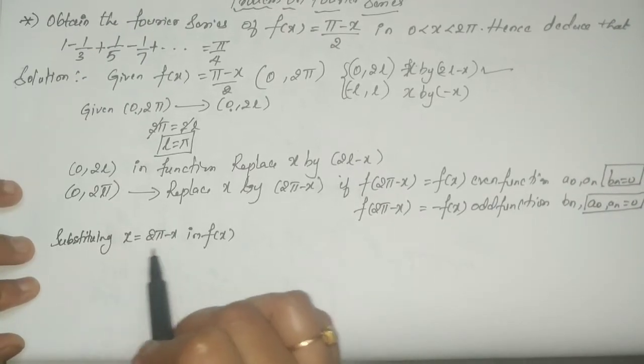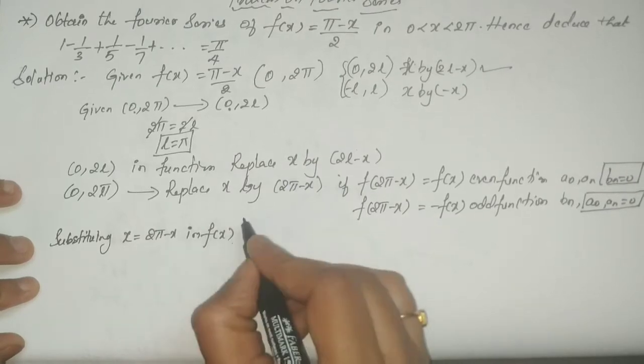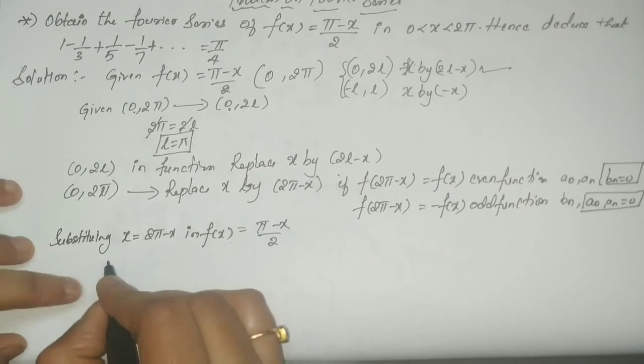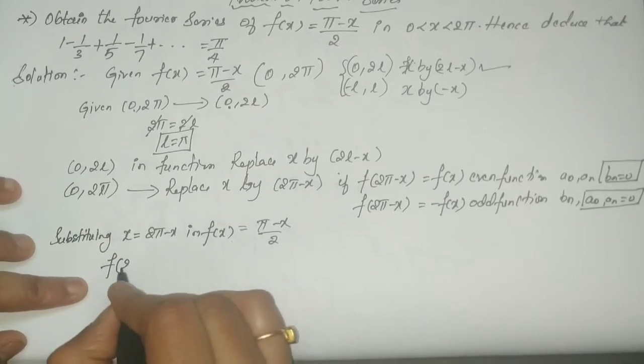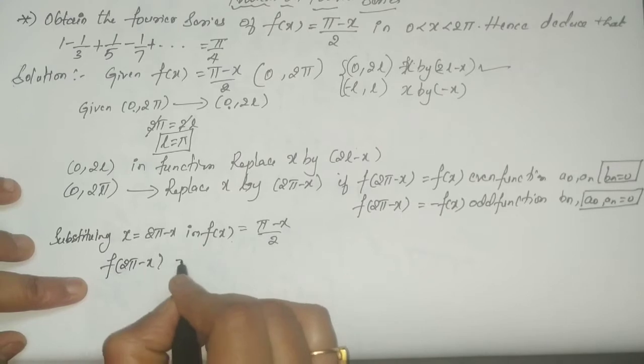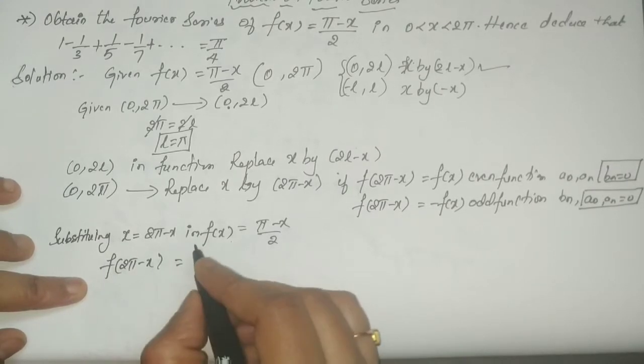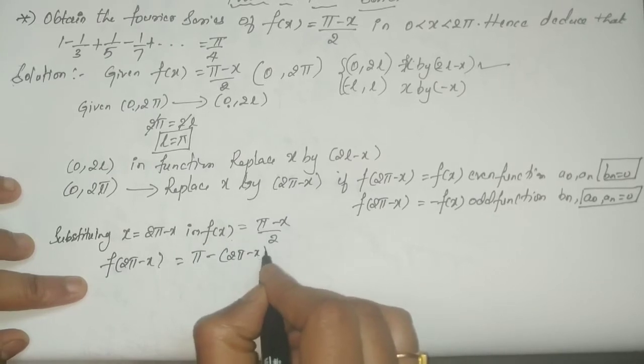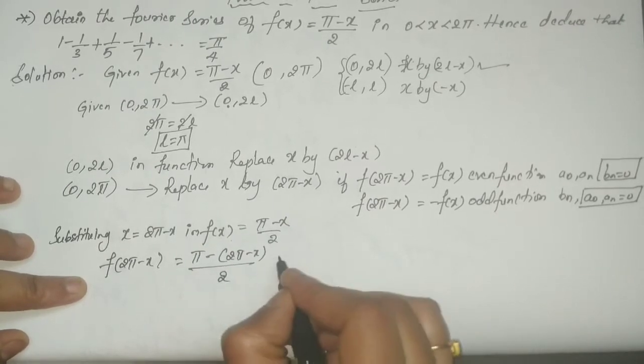So we are going to substitute x as 2 pi minus x in the function. What is the function given? Pi minus x by 2. So when I replace x by 2 pi minus x, I have to replace wherever x is there with 2 pi minus x. So it's pi minus 2 pi minus x whole divided by 2.